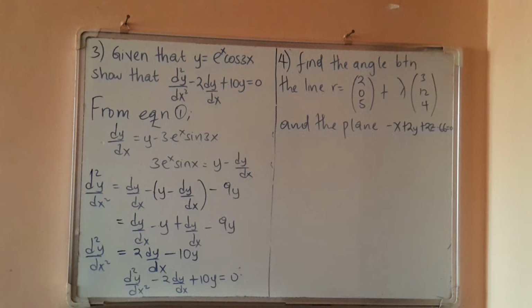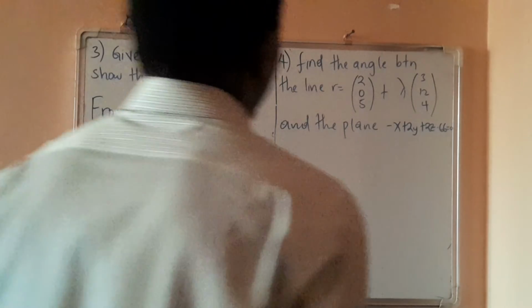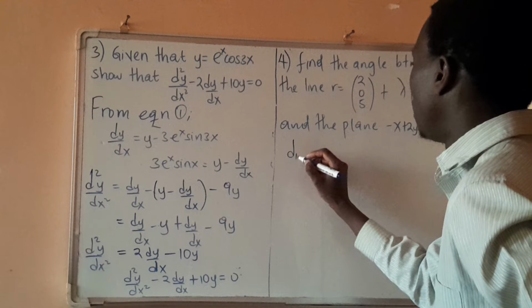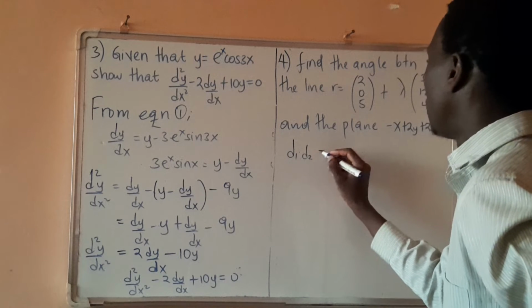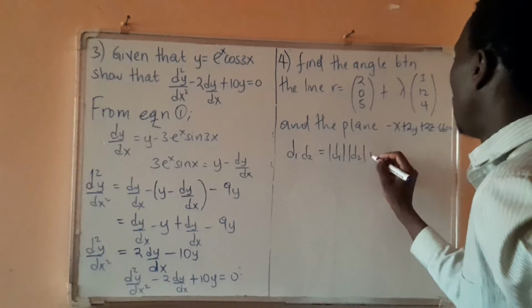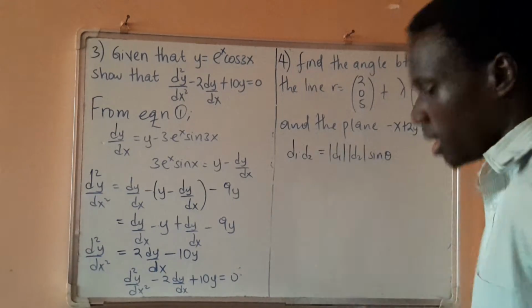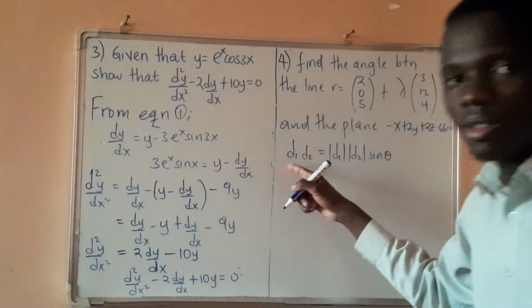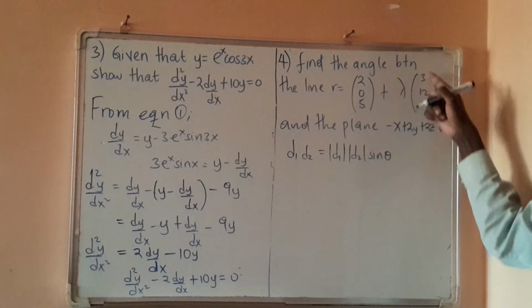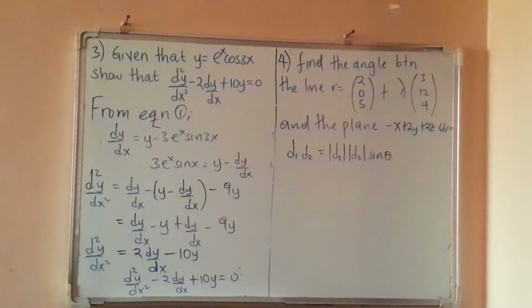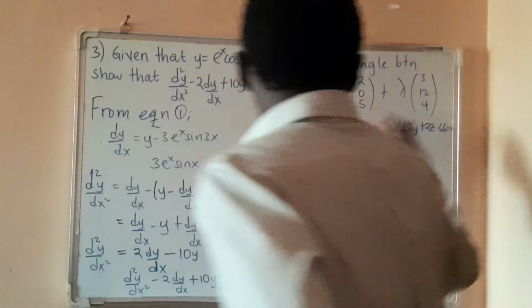So we can obtain the angle between a plane and a line using this notation: D1 dot D2 over the magnitudes equals sine theta. Using that formula, D1 is the directional vector from the line, which is this vector.